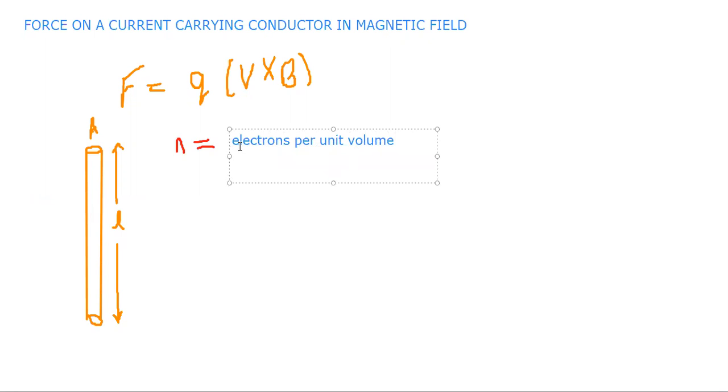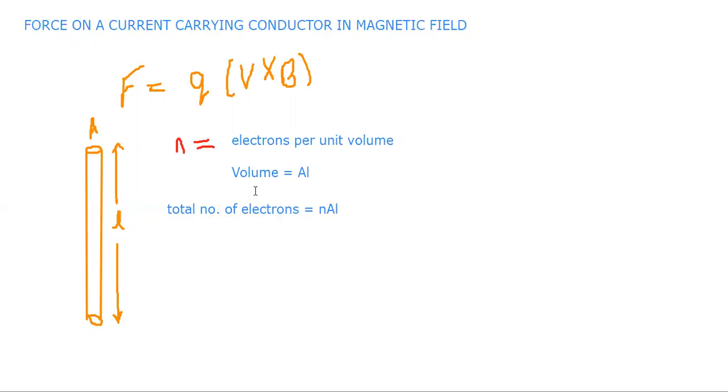A is the area of cross section and L is the length of the conductor. So what would be the volume? Volume would be area times length, right? So if N is the electrons per unit volume and the volume is AL, what would be the total number of electrons? The total number of electrons would be NAL.